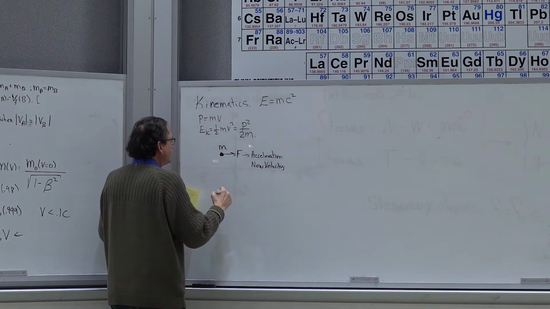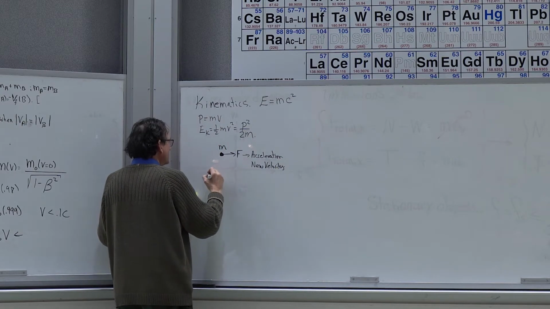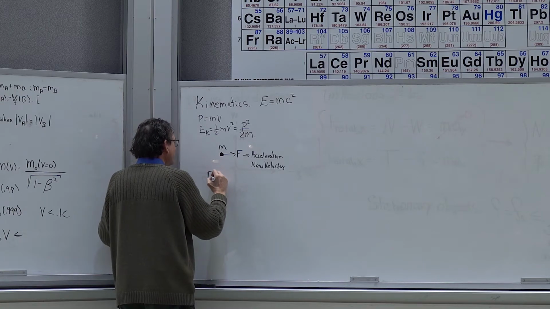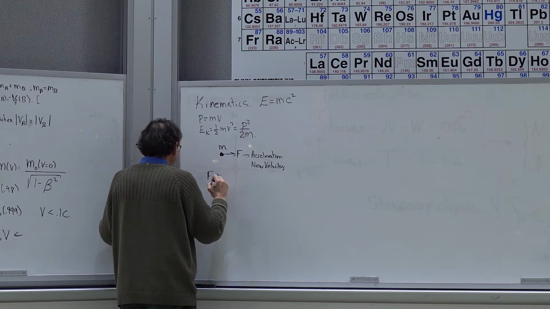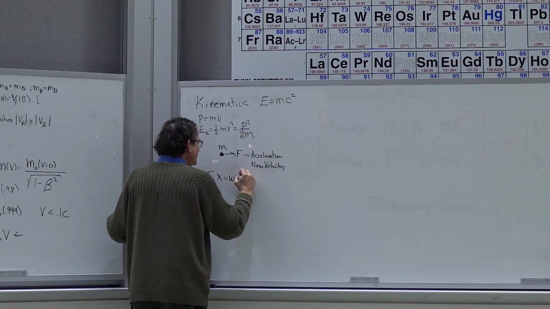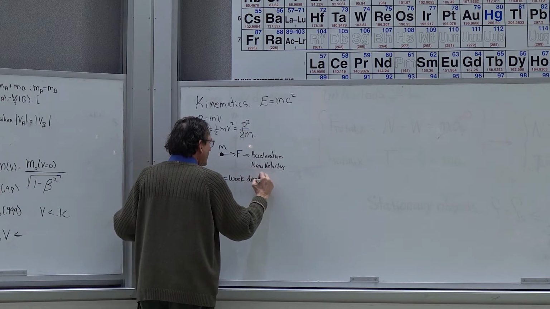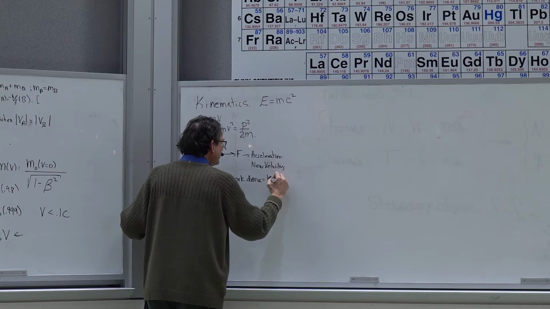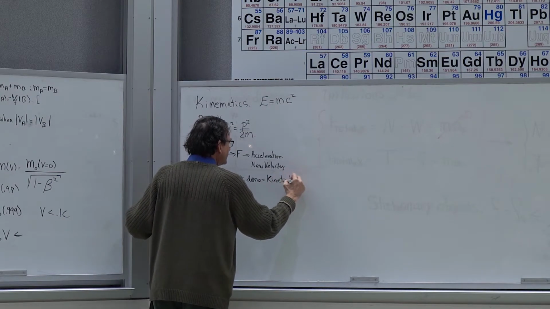And then we find out that we do work on the object, right? That if we apply a force F over a distance x, then the work done on the object is equal to the kinetic energy gained.